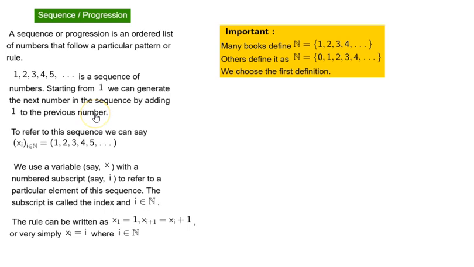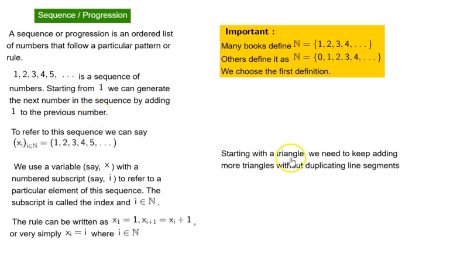Now let's look at a geometric example. Starting with a triangle, we need to keep adding more triangles without duplicating line segments, side by side. So how would that look? We have a triangle. It has 3 sides.